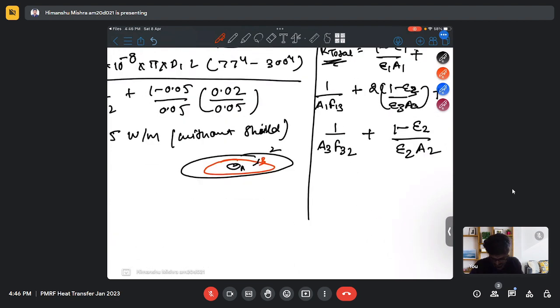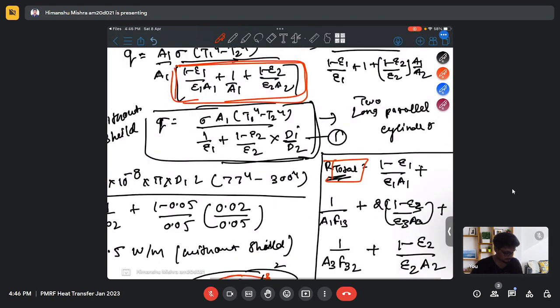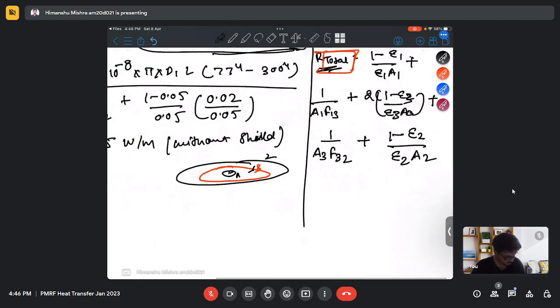Or we can just calculate the resistance here, and after we get the total resistance we can use the general expression. We just need to plug all the values.